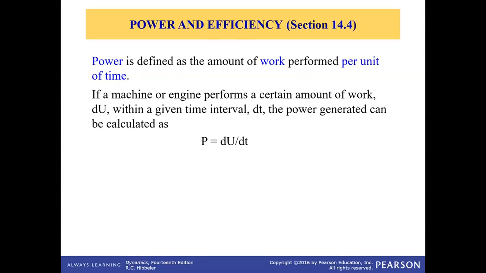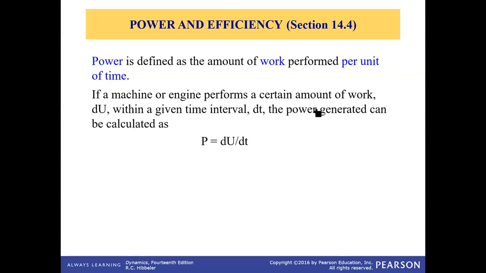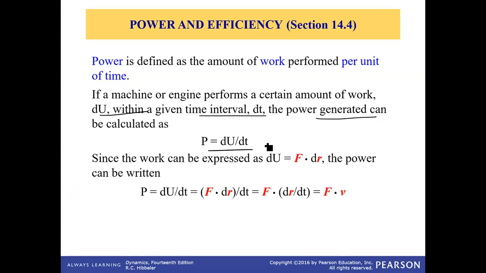Power is defined as the amount of work performed per unit time. If a machine or engine performs a certain amount of work dU within a small time period dt, then power can be calculated as dU by dt. Since the work done can be expressed as the dot product of force and displacement, power can also be written as the dot product of force and velocity, where both F and v are vectors, but the power itself is a scalar.